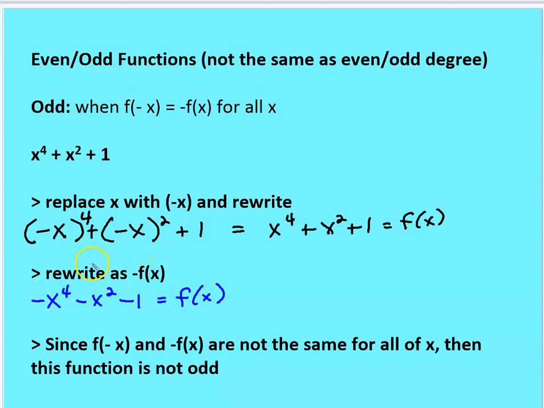That's negative x, right? I have to change all the signs. And so I look at negative f of x, and it's different than f of negative x. So then, since f of negative x and negative f of x are not the same for all x, then this function is not odd. If they were the same, then the original function would be an odd function.